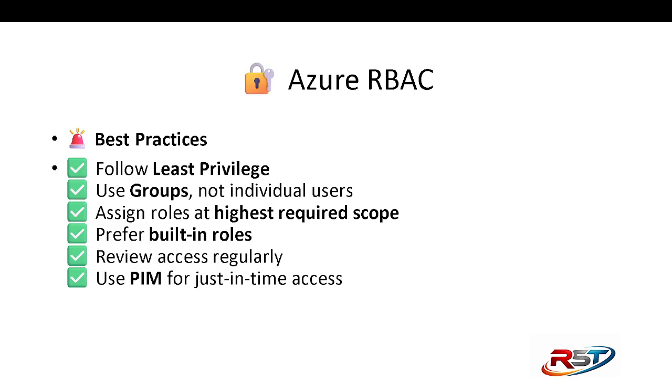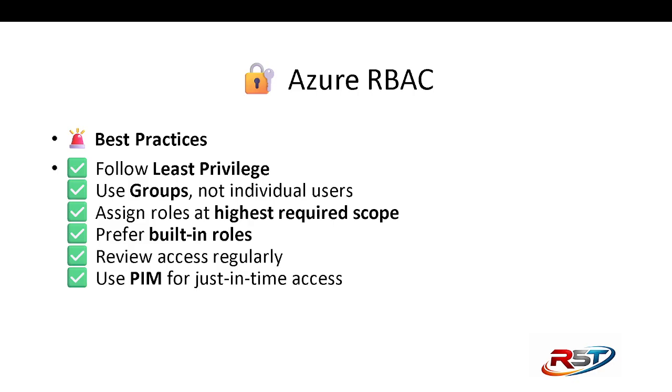This is a best practice. And the next best practice is use groups, not individual users. Whenever applying roles, apply them on groups. We create a group for dev, another group for prod, another group for QA, and another group for sales. If you apply any role on that group, it will apply to all the users that belong to that group.